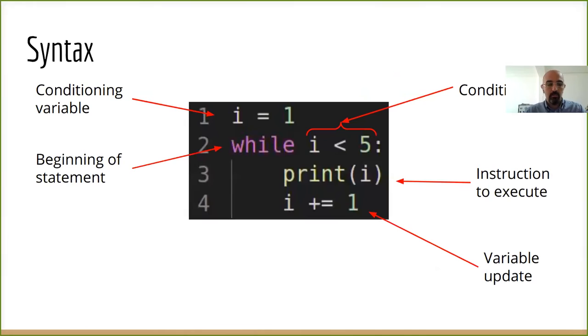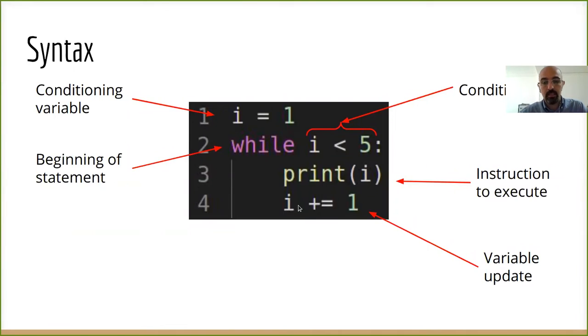So let's see an example with the syntax of while. There is the keyword while, the condition under which it will keep on looping, and the set of instructions, like simply printing out some value and updating the variable under which I have the condition.